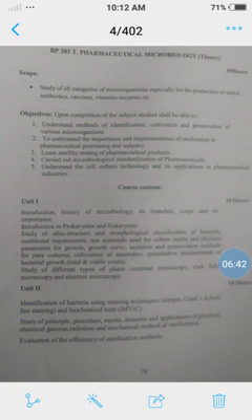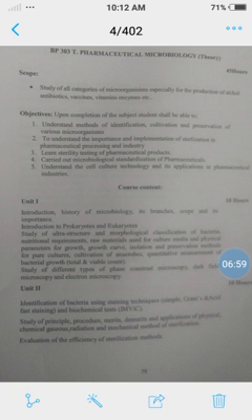Then to learn the sterility testing of various pharmaceutical products or formulations. Then to carry out the microbiological standardization of pharmaceuticals.